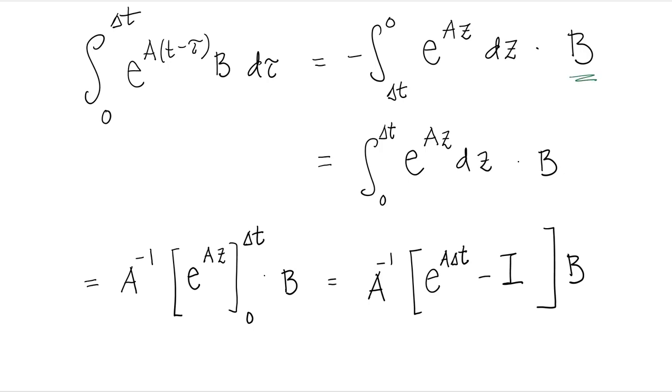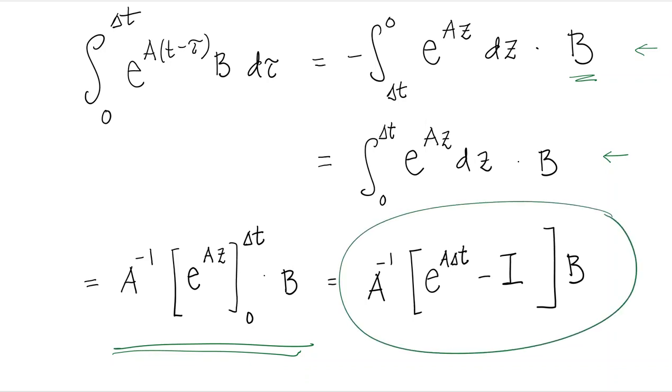If we use the integration theorem that says that you can flip the limits of an integral if you change the sign, then this integral becomes this integral right here. Flip the limits, change the sign, and then using standard vector calculus integration rules, we obtain this result right here, which if we evaluate in the limits, we obtain the final result that we seek.